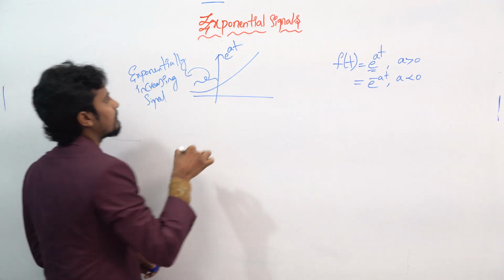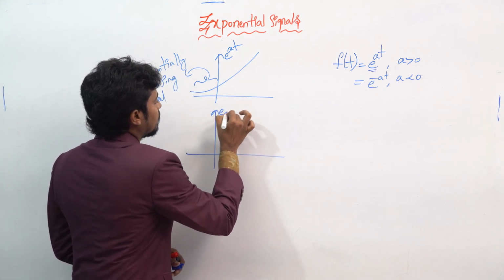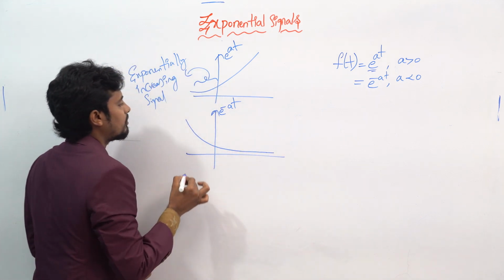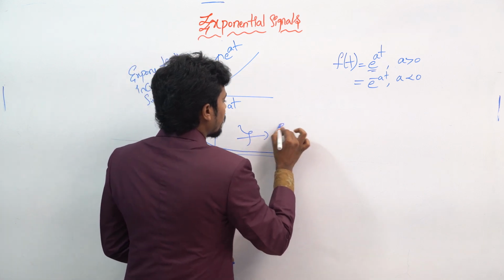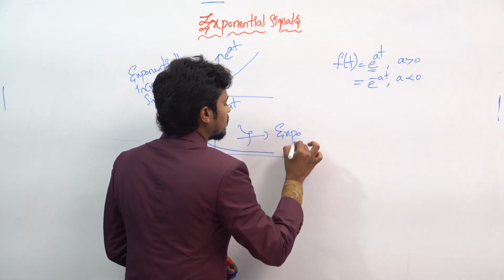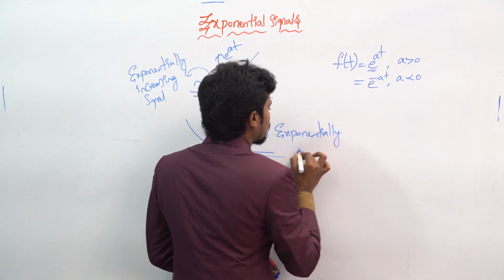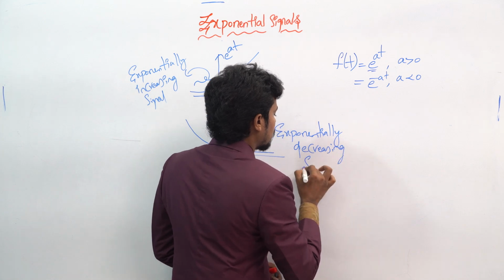And similarly, if you want to draw the e power minus at, this will be the e power minus at. This will be said to be the exponentially decreasing signal.